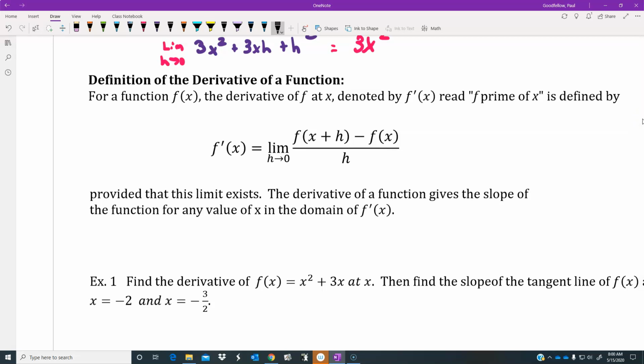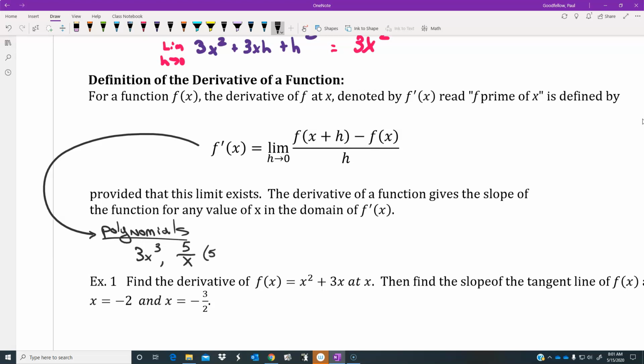Now, many of the things that we've been working on have basically been written as polynomials. So what I mean is that we've been talking about things like 3x cubed or maybe even 5 over x, which really could be written as 5 times x to the negative 1, or 6x plus 5.